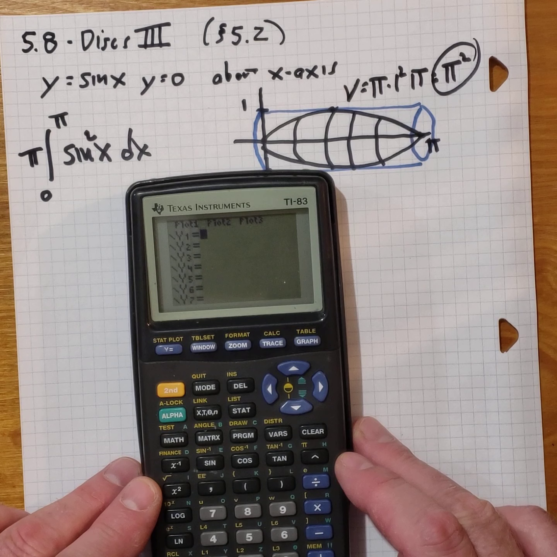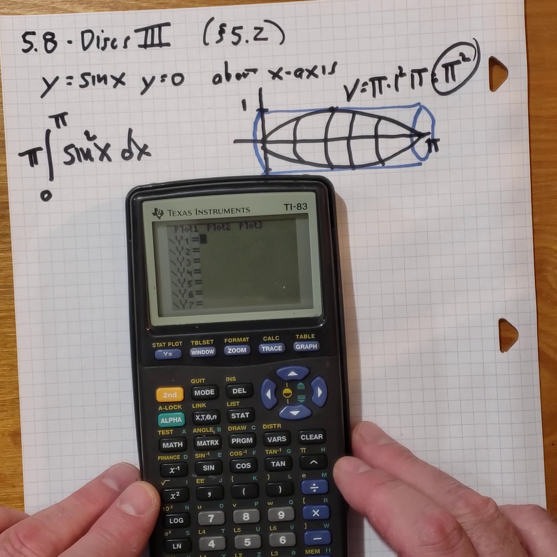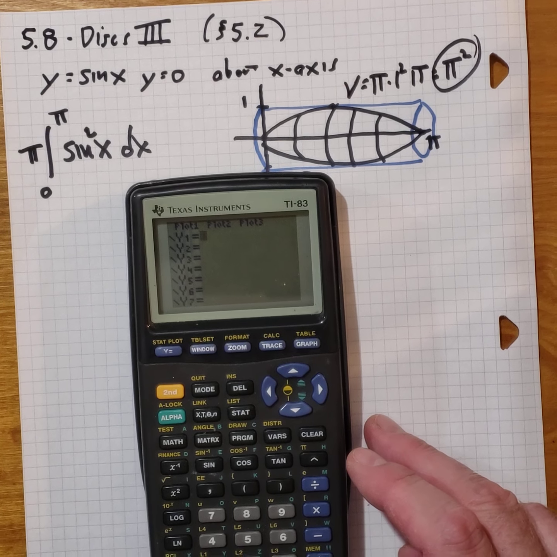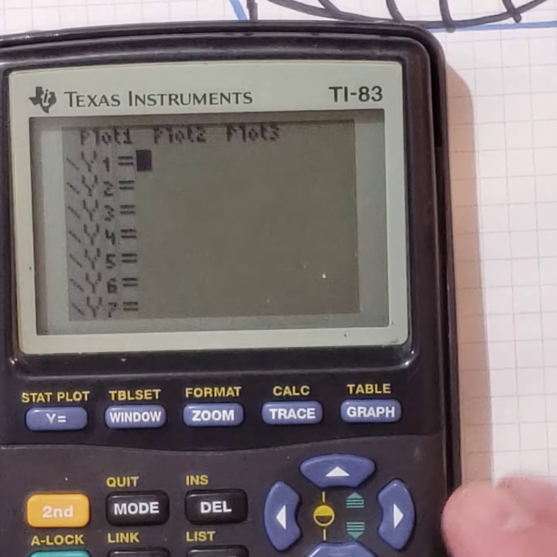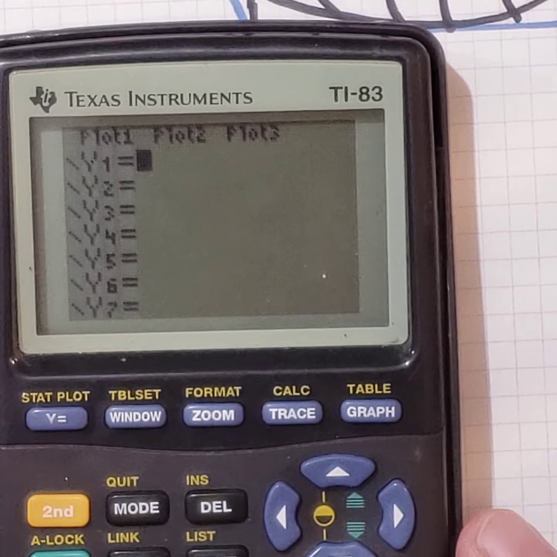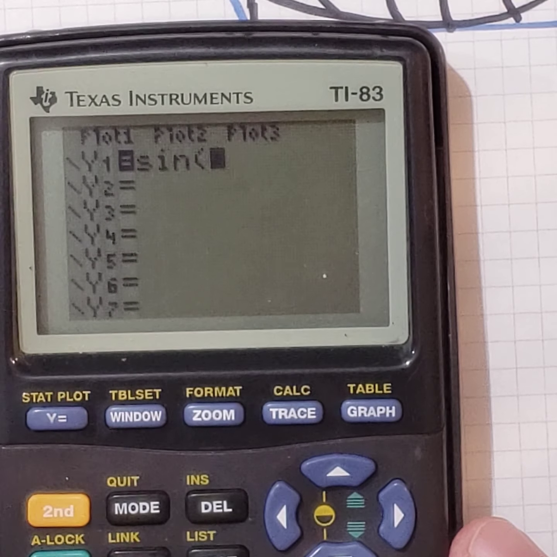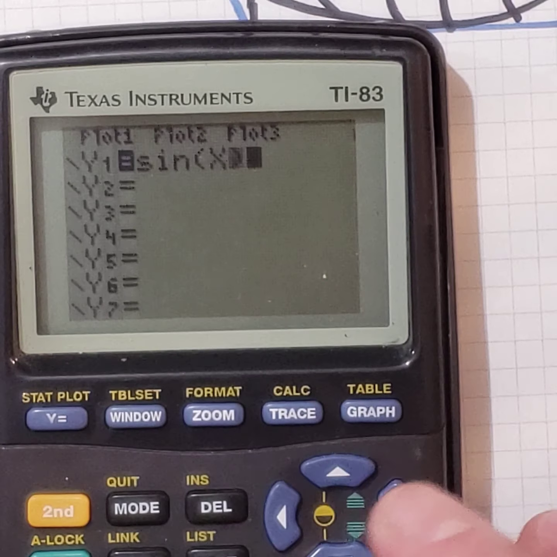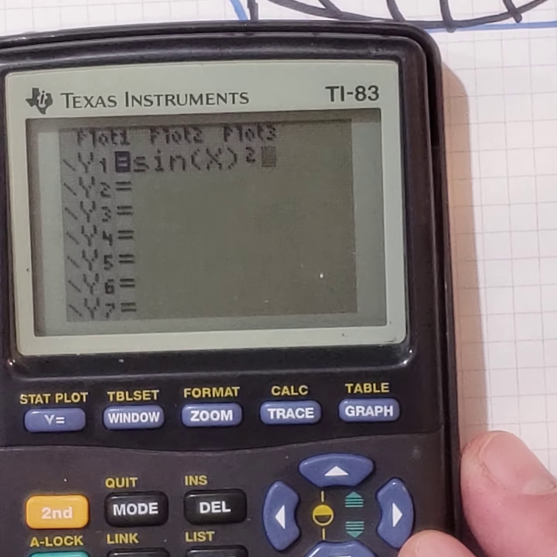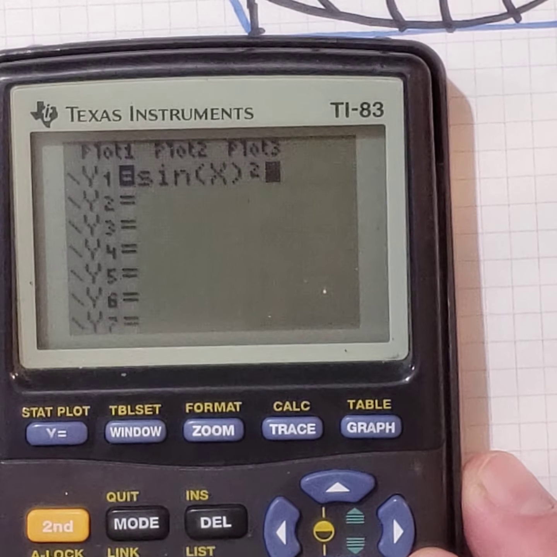So what we're going to have to do is use our calculator for this here. And it's fairly easy to do. Let me zoom in a little. Right. All we need to do is put in sine of x, close the parentheses, squared. That'll give us sine squared.